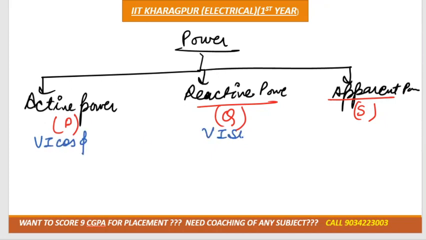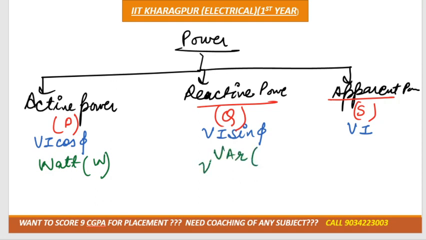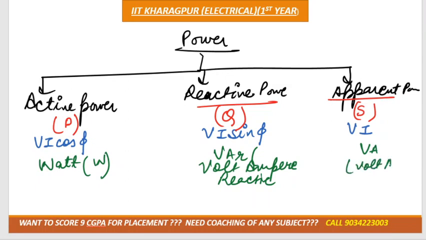Reactive power formula is VI sin phi. Apparent power formula is VI. Active power standard unit is watt, that is W. Reactive power unit is VAR, that is volt ampere reactive. And apparent power unit is VA, that is volt ampere.